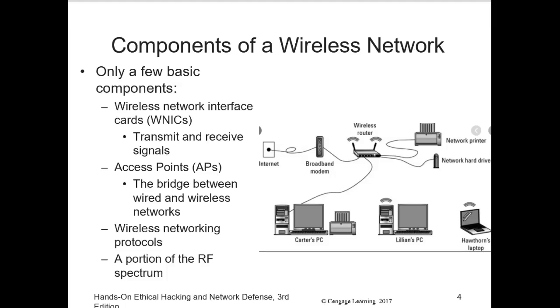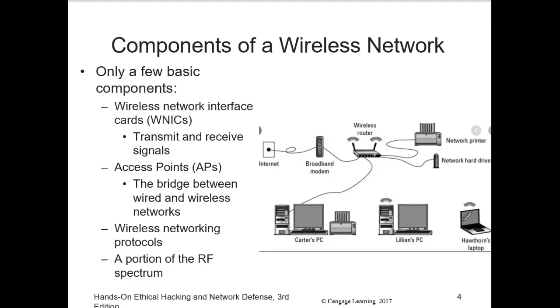Now, components of a wireless network. Any network needs certain components to work. Yes, we know that. So on a typical LAN, these components are going to include a NIC, the network interface card, TCP/IP, the transport mode, and an Ethernet cable.